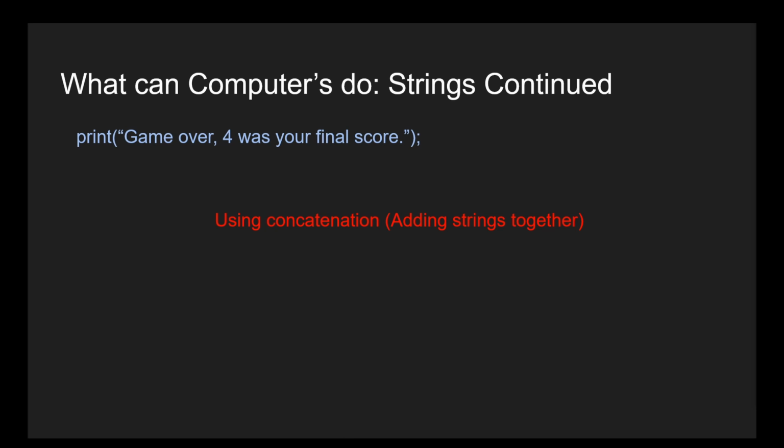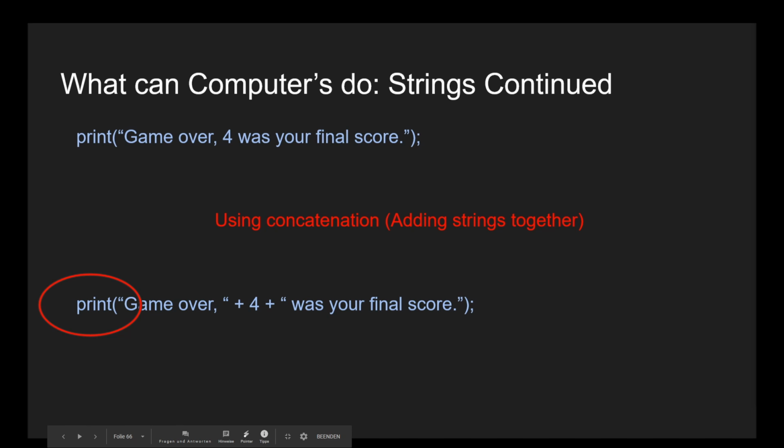Continuing with our score example, if we wanted to print out the statement "game over, 4 was your final score," using 4 as an integer rather than a string, we could do this by breaking down the statement into 2 strings and an integer, like so. Print "game over" plus 4 plus "was your final score." We of course begin with a print statement, which again will be different across all languages.